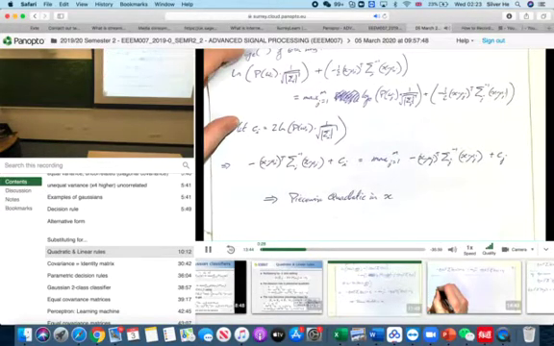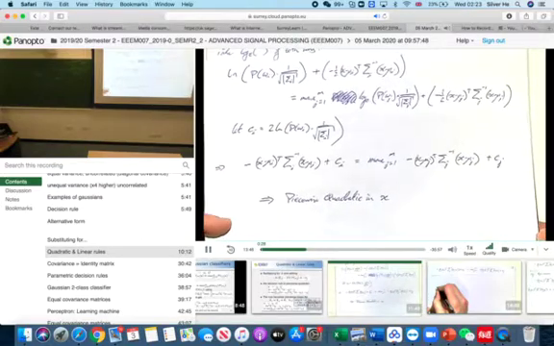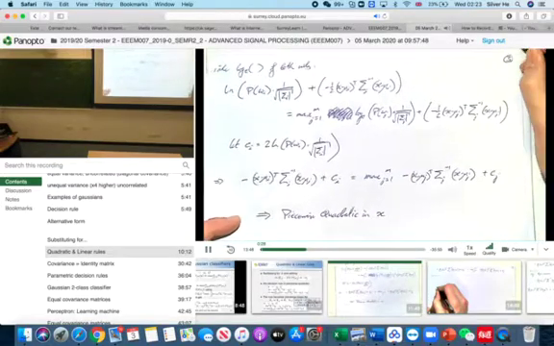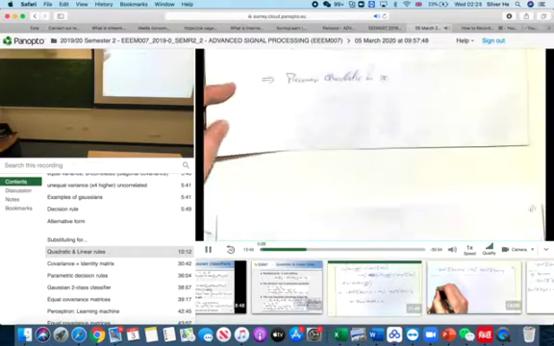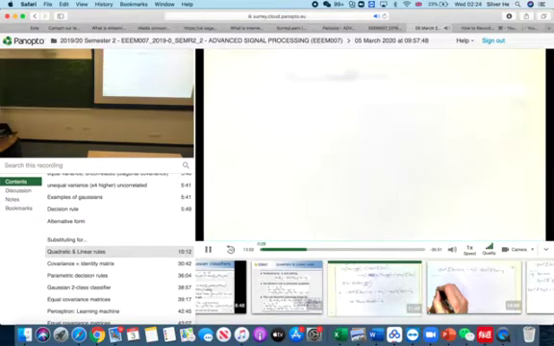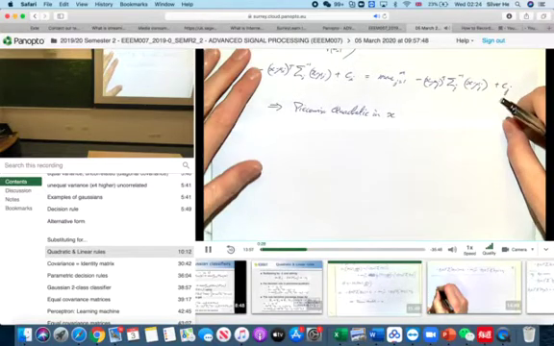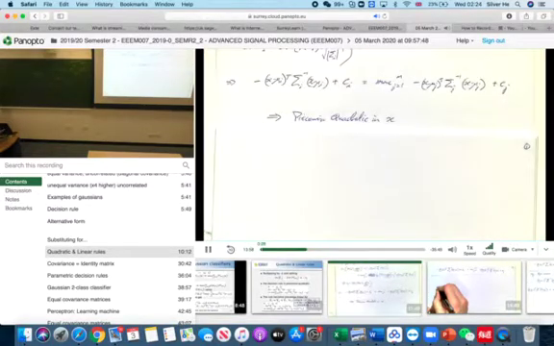So let's start on the next slide for this one. I'll just rewrite this term out. I'll need to turn off the autofocus so it doesn't try to focus on my fingers. Okay.